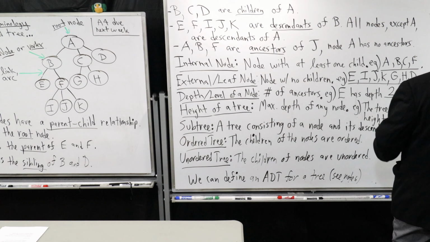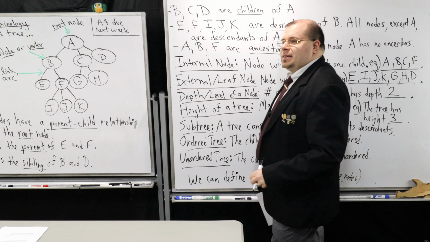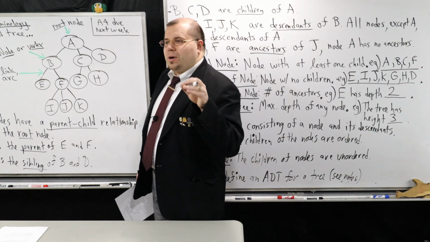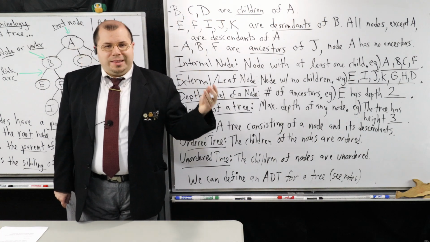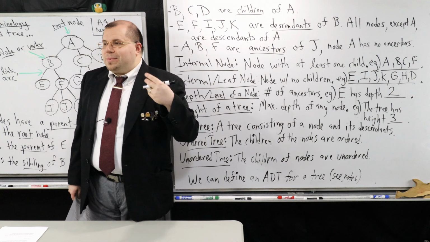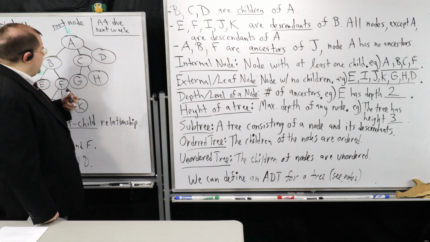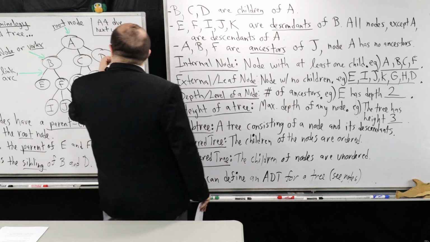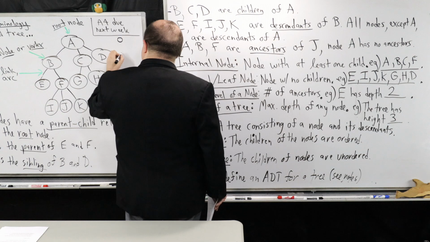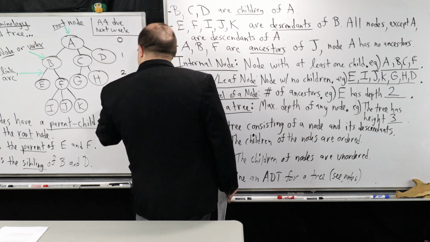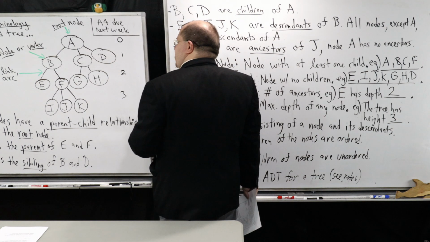So I will tell you up front that if ever I want to know the number of levels as opposed to the level of a node, some have answered 4. That's actually what it would be if I want to know how many levels there are. Very commonly, people index the levels starting at 0. They go like 0, 1, 2, 3, and they can ask, oh, how many levels are there in the tree?